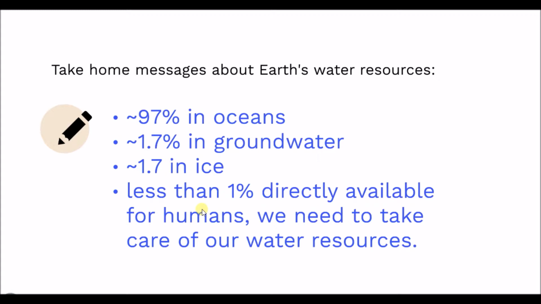And so the take-home message is that we need to take care of our water resources. There are a lot of places in the world right now that lack clean water, that lack access to fresh water.